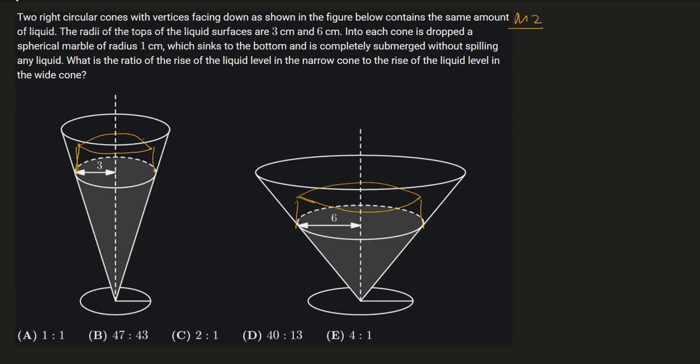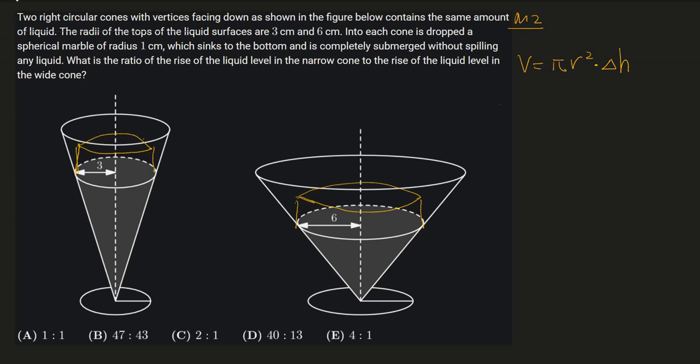Good. Then we know that for a cylinder, the volume equals simply the area of the base, that is pi r squared, times the height, delta h. And we will do the same for the right cone and for the left cone. Let's start from the left cone.